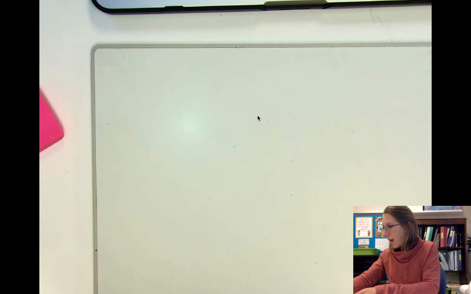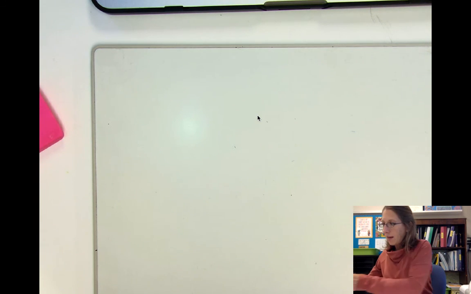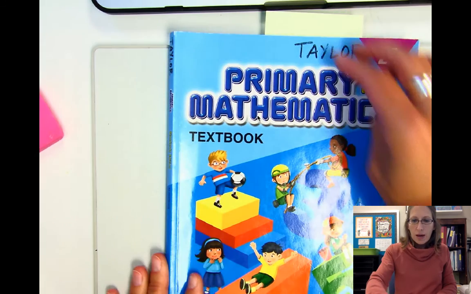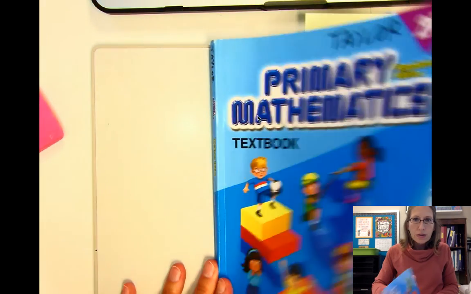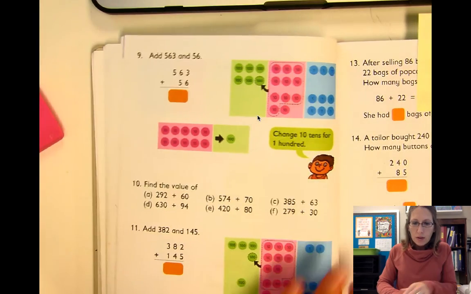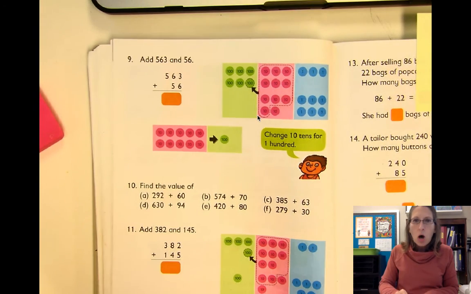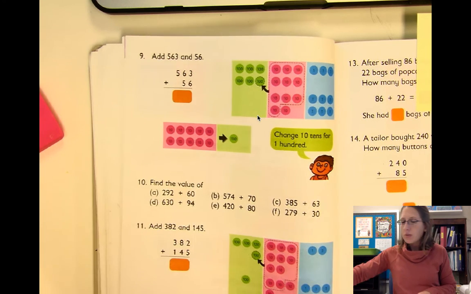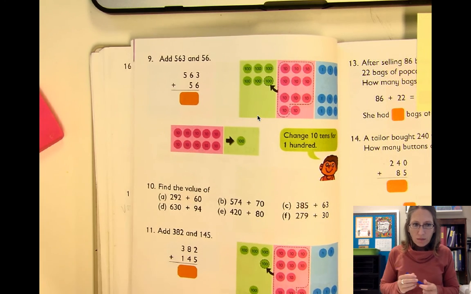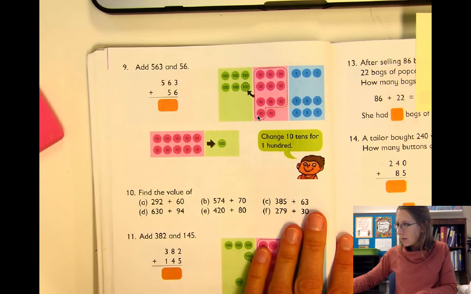Alrighty, so today we are going to practice renaming tens. The other day, on Tuesday, we practiced renaming in the ones place when we have too many ones. Well, today we're going to practice a few problems when we are adding and we have too many tens.